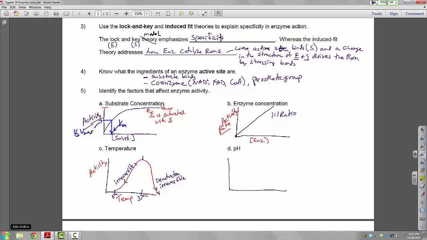All right, now for pH, we also see this kind of bell curve. Okay, this is activity and pH. So let's say this is pH 7, 6, 5, this is pH 4.